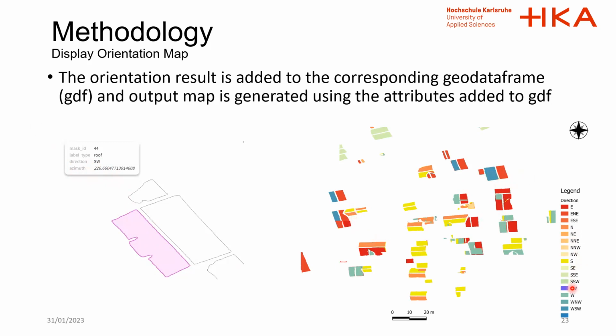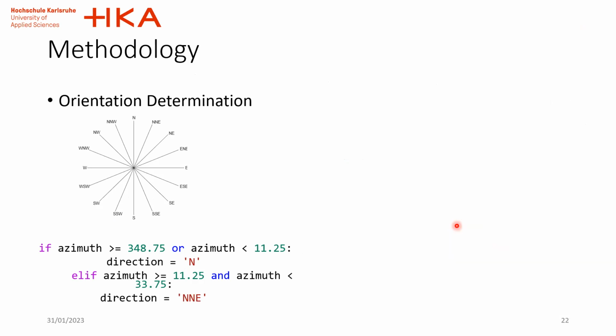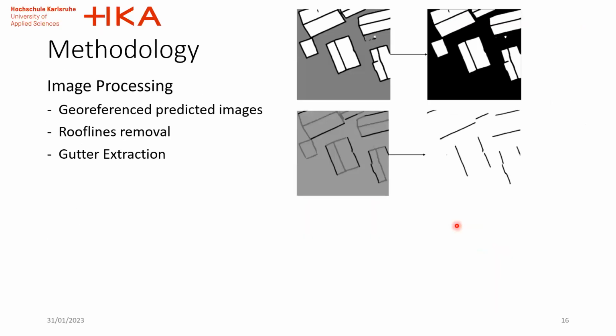So we have lesson 2. What we did in this thesis is we just used three classes, basically the roof, roof line and gutter, and we found 16 orientations from that information by labeling just those three things. We don't have to label every roof in every direction, because in the previous study they labeled all 16 classes, every roof.